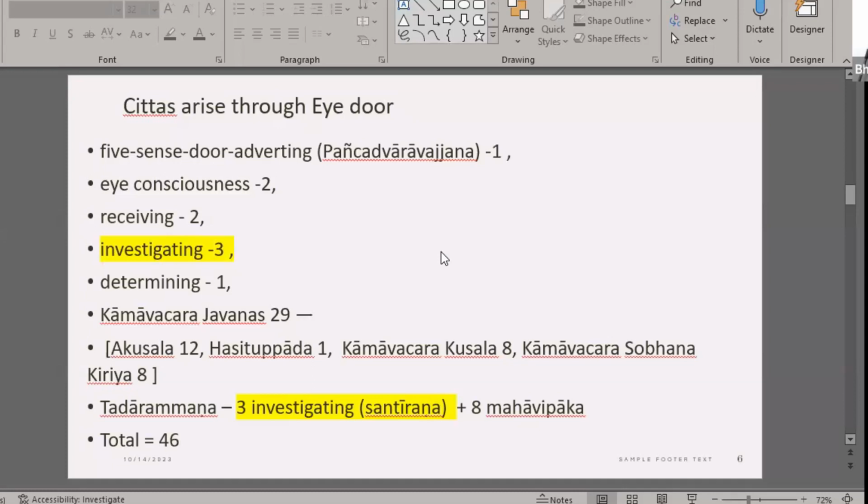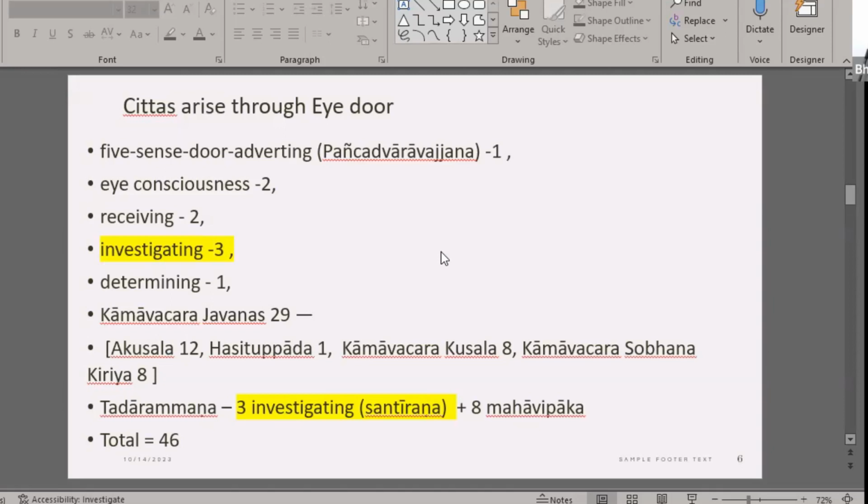When you understand the procedure, then you can count what the chittas are. So now you know there should be adverting consciousness, Panchadvara Vajjana Chitta. First, it strikes the visible object, then five-door-adverting consciousness adverts the mind stream towards that object. Then eye consciousness arises, seeing.